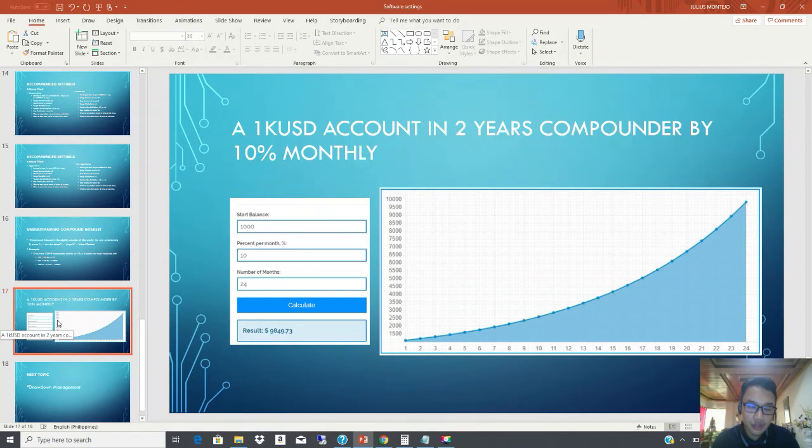Now, don't sacrifice your capital for large income per month, because the more aggressive you make the settings, the more risky your 1K USD will be, and it could actually wipe out your whole account.